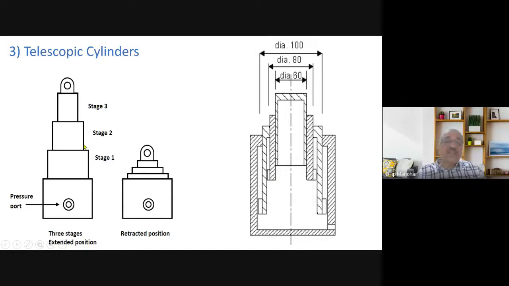Stage one, stage two, stage three, stage four. All these cylinders extend continuously depending on the resistance. So for the same retracted size, you get a very high stroke. This is used in material handling systems, for example tippers. You must have seen tippers. Tippers use this telescopic cylinder.